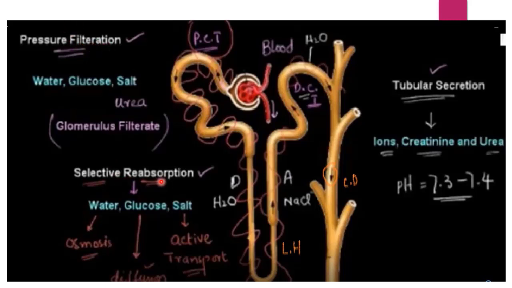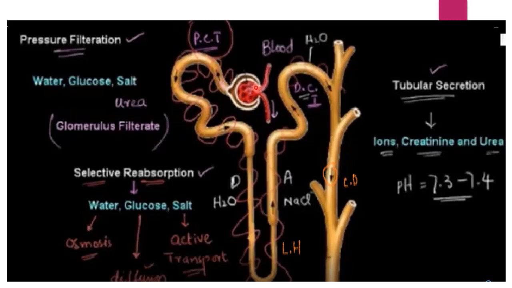Number 2, selective reabsorption. And number 3, tubular secretion. So first of all, in pressure filtration, the blood enters the kidney with the help of the renal artery. As the blood enters the kidney, it goes into the glomerulus, which is the network of capillaries in the nephron.